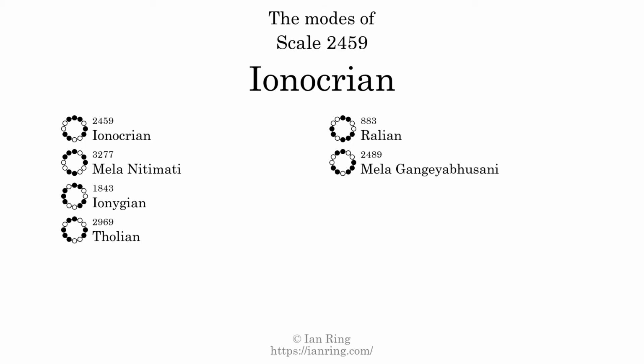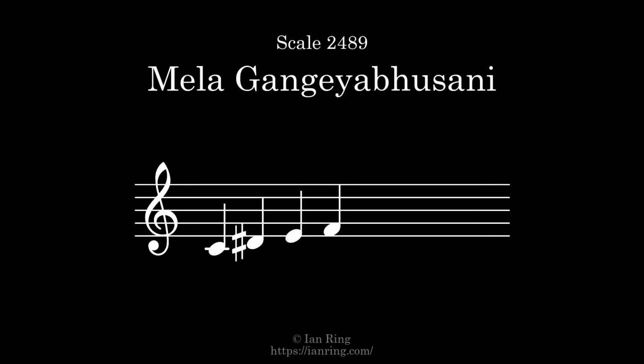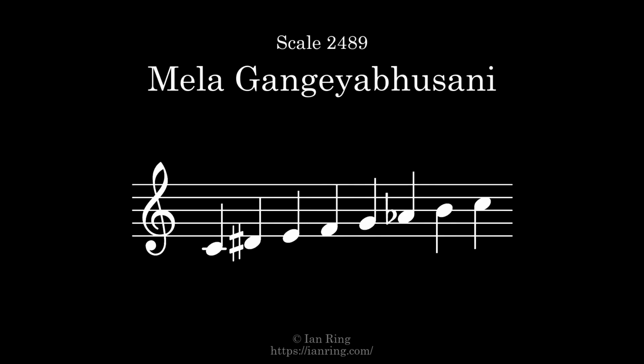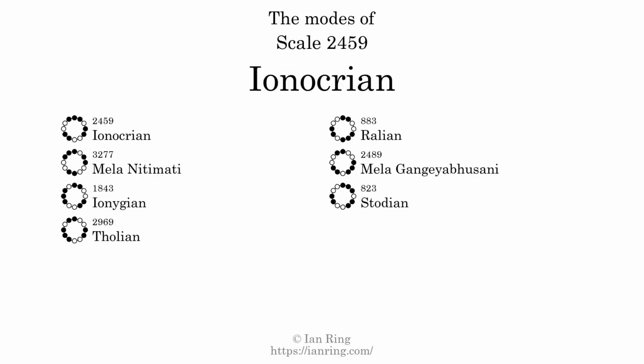The sixth mode is scale 2489. Also known as Melagangjiabhusani. It sounds like this. The seventh and last mode is scale 823, also known as Stodian. It sounds like this.